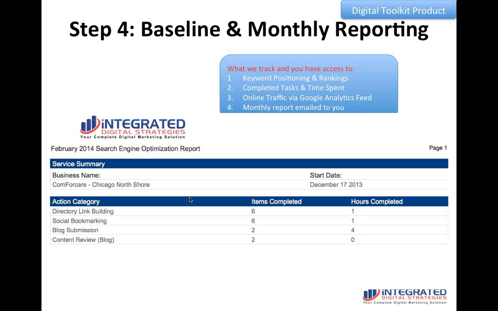On average, we spend about 5 hours a month on your page, and we're doing techniques both on-site and off-site. On-site meaning content tweaks, optimizing the page's content to make it more Google-friendly, but then off-site techniques, which is link building and powering it with different sources of other sites pointing back to you. So this is where we keep track of that, and that's also flowing through your dashboard.